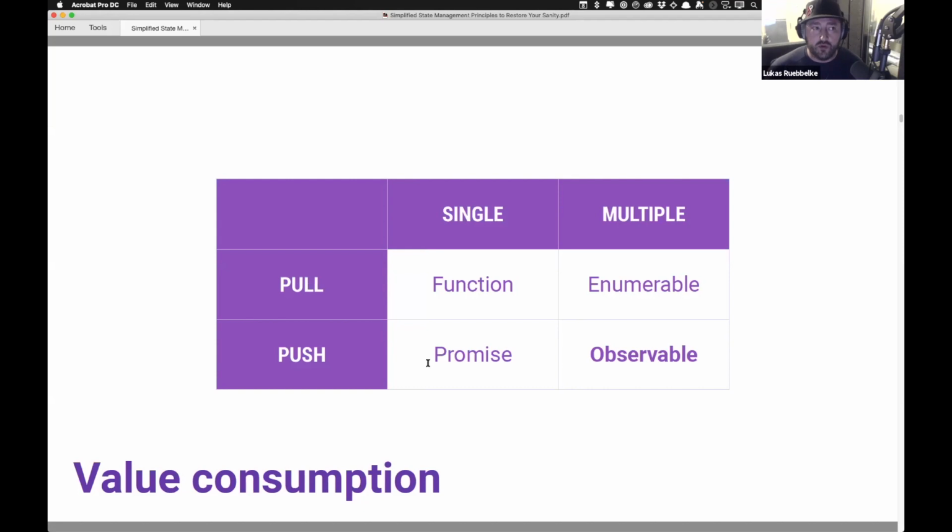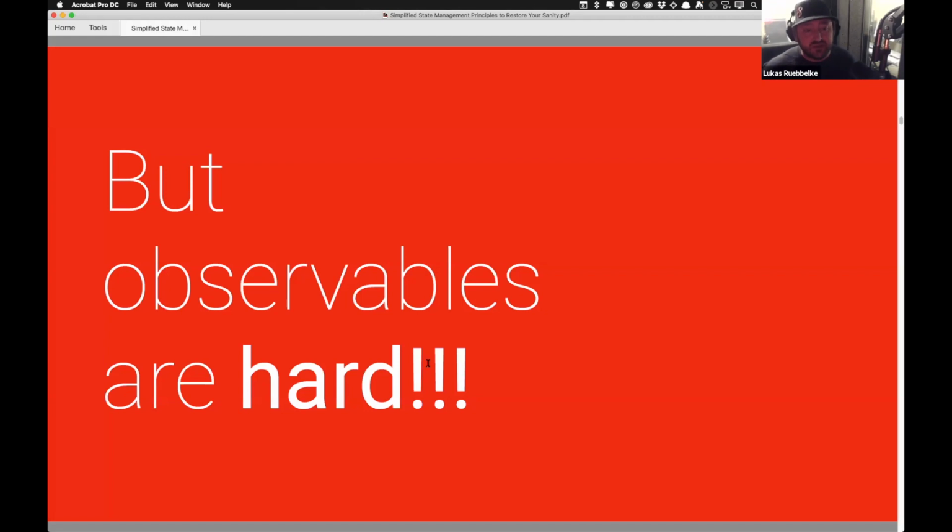Another really important distinction is that how we get values from a function is we pull it. In other words, you have to call the function or initiate that transaction from your side to pull the results of that operation into wherever you want it. Same thing with an enumerable. With a promise, once a value is available, it will push it to you and resolve the promise. With observables, it's the same way. As multiple values become available, it will push those to you.